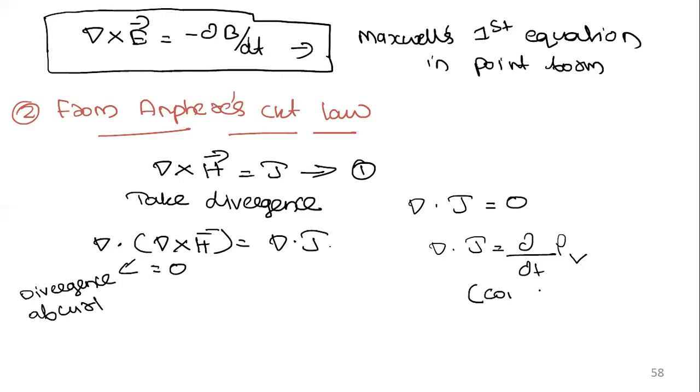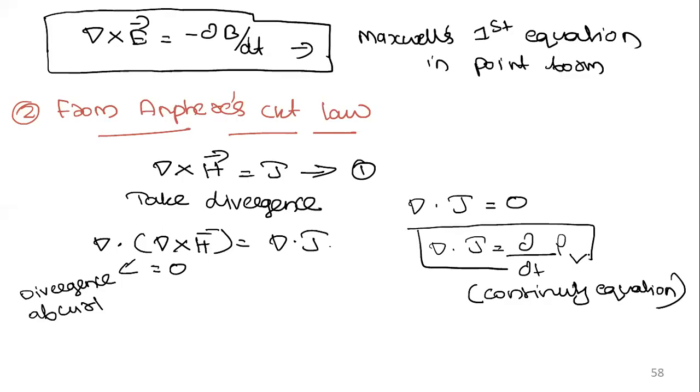This is called continuity equation. So from del dot J is equal to dou by dou t of rho V, we get the continuity equation, but del dot J is actually 0, which makes dou by dou t of rho V equal to 0.